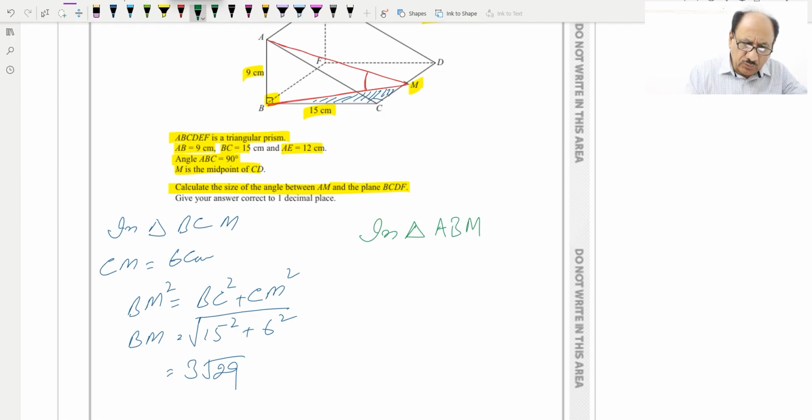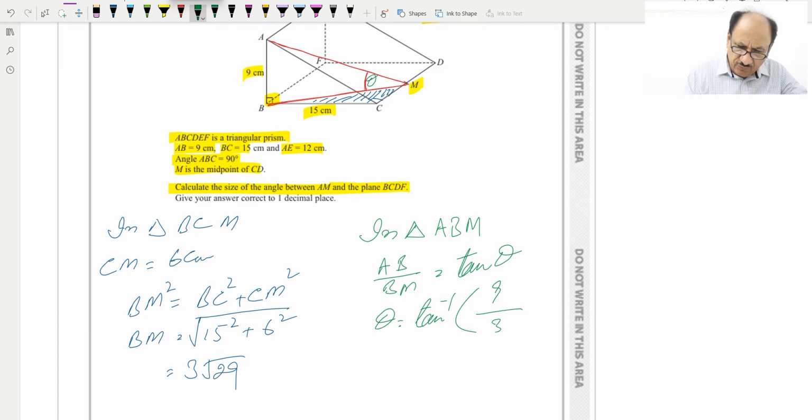So we can take opposite over adjacent. AB over BM will be equal to tan of theta, and our theta is this one. So theta is equal to tan inverse of AB, which is 9, over BM, which we just found, 3 root 29.